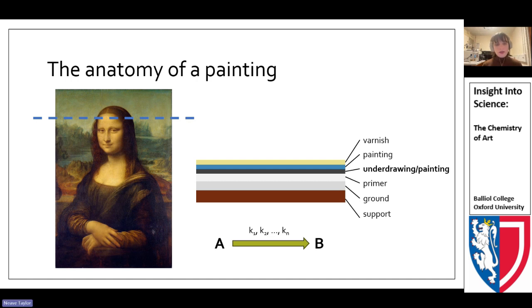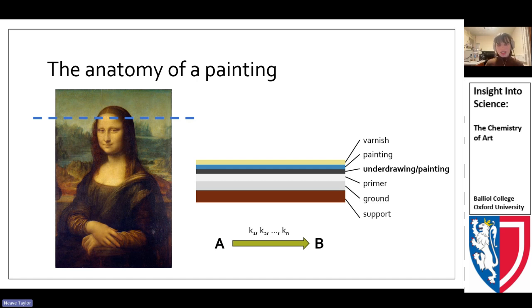One thing that you need to think about if you're doing anything analytical, really, it's kind of like being a detective. You're trying to figure out exactly what's going on. And a really important part of being that detective is actually understanding how all of the components stack together. So in the case of a painting, we've got the beautiful Mona Lisa here, for example.